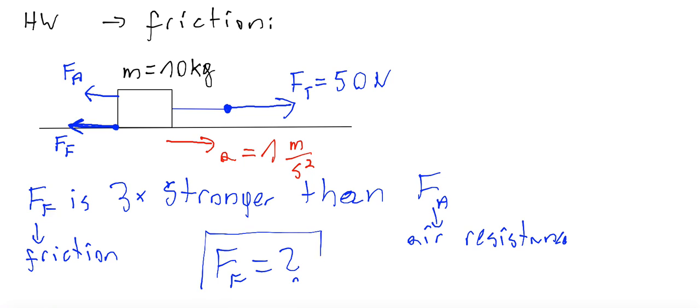So again, we have tension of the string which acts on the object to the right. We know two opposite forces, air resistance and the force of friction, and both act opposite to the direction of motion. We know that friction is 3 times stronger than air resistance.